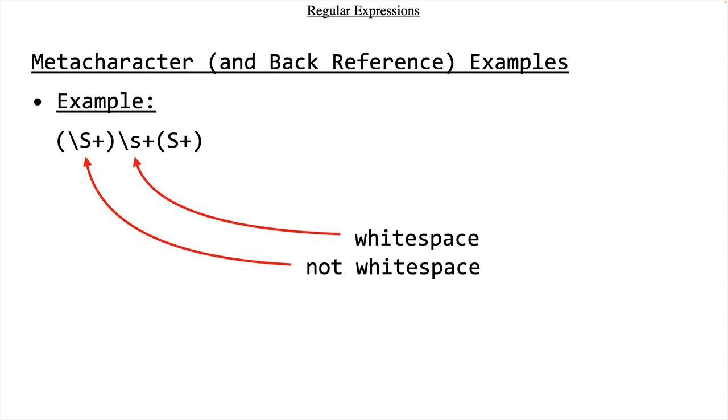And then I'm going to remember that match. Here I have white space, so there can be one or more occurrences of white space. I don't care about remembering that. And then finally I'm going to have more non-white space, and I'm going to remember that.